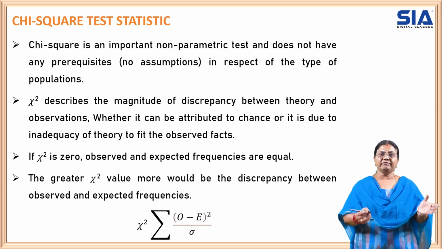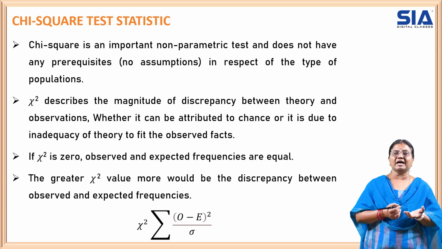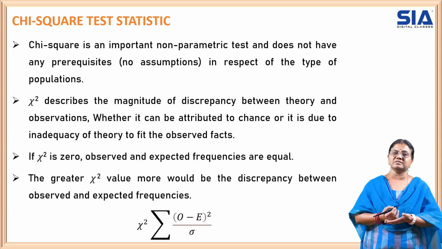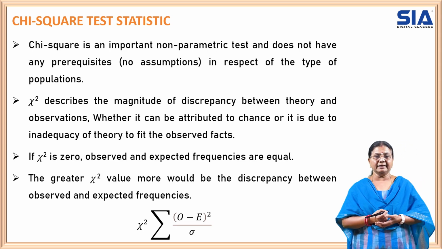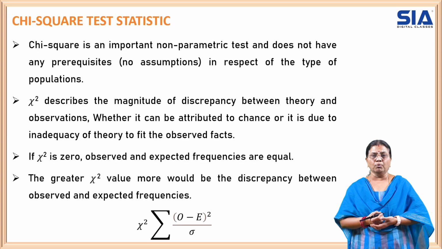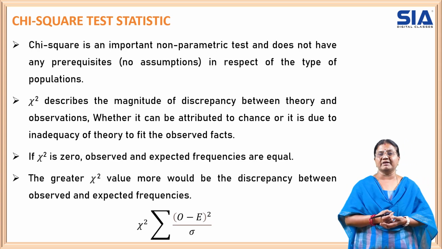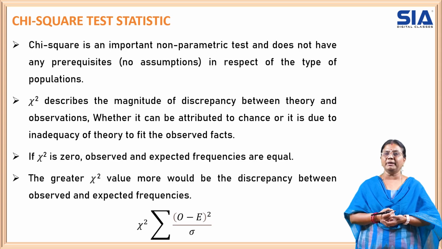So here we will be considering two things: one is expected frequency, the other is observed frequency. We try to compare the difference between both. If the difference between both is 0, that is nothing but chi-square being 0. The greater the chi-square value, the more the discrepancy between observed and expected frequencies. So if the value is more, then the discrepancy between the observed and expected frequency will also be more.